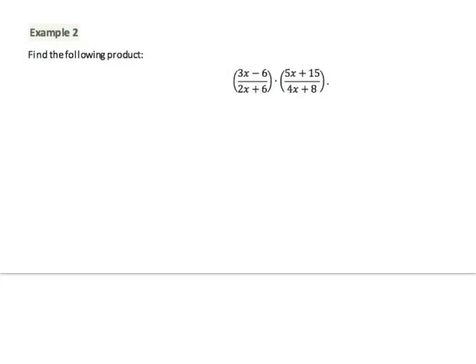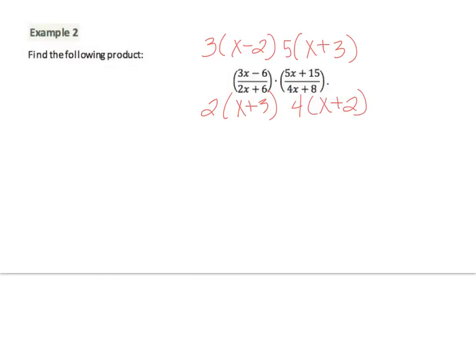So for that numerator, I'm going to go ahead and factor a 3 out, and I get x minus 2 left over. Denominator, I've got 2 times x plus 3. Numerator over here, 5 times x plus 3. And down here, 4 times x plus 2.